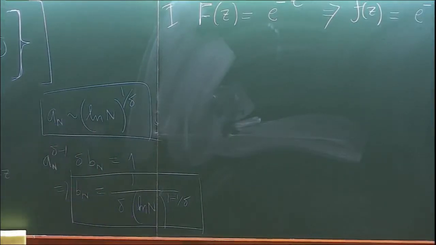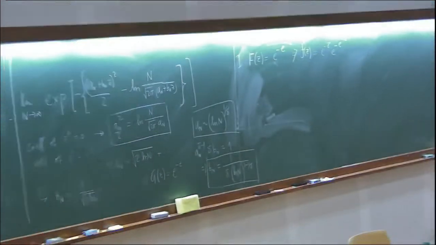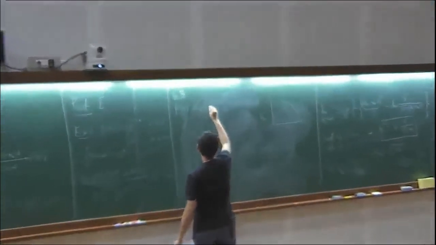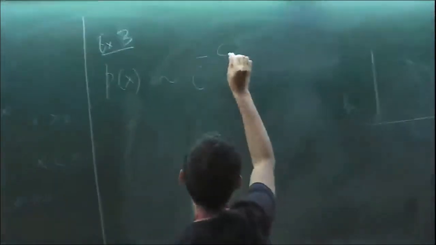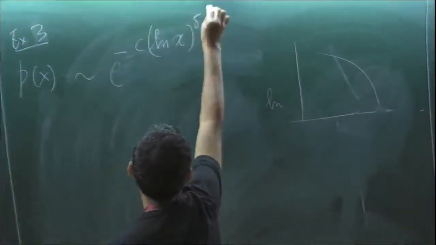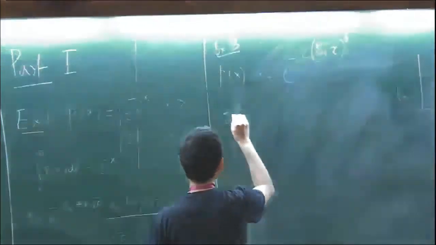Let me write down this thing. Suppose I look at this function: exponential of minus c log x to the power delta, right? So of course if delta equal to 1, what is this function?